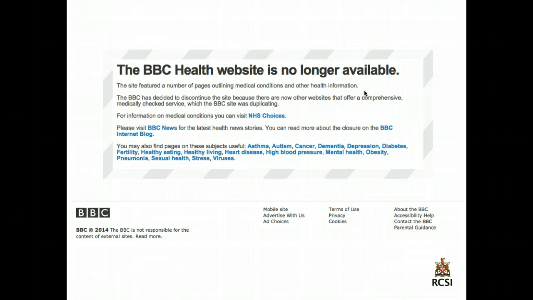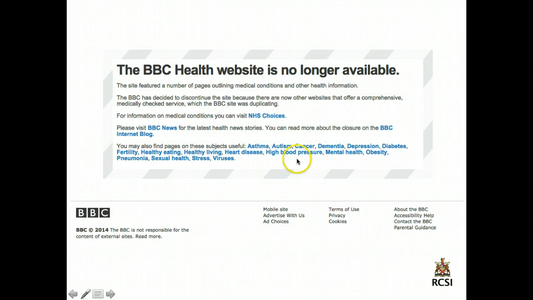The BBC has decided to discontinue this site because there are now other websites that offer a comprehensive, medically checked service, which the BBC was duplicating. So in a way they thought, no, we can't do this comprehensively, and we're going to recommend somewhere else, which is NHS Choices.